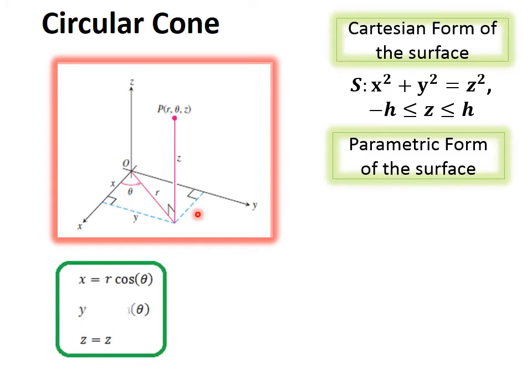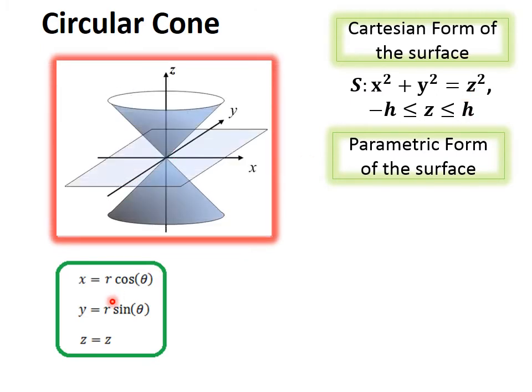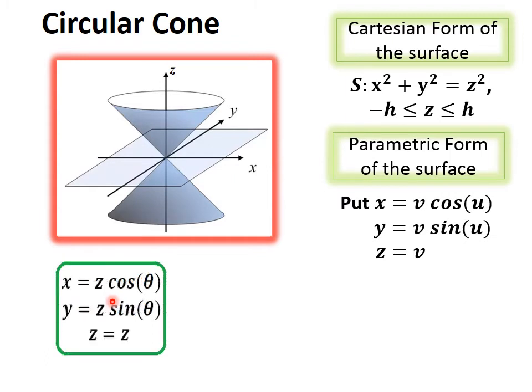The transformation is x equal to r cos theta, y equal to r sin theta, z equal to z. Just now we had seen for the cone, radius is nothing but the height. So in this representation, we have to choose what? The radial distance as the height variable. So we got x equal to z cos theta, y equal to z sin theta, z equal to z.